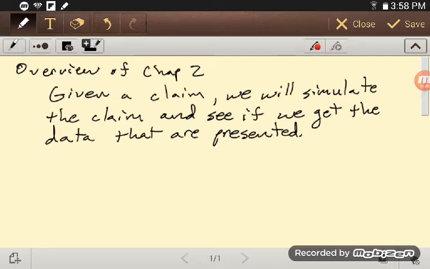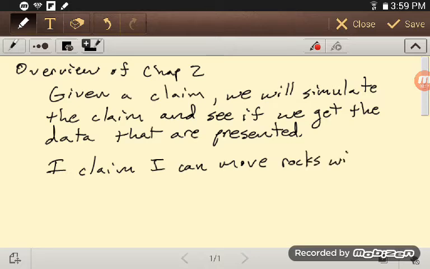So think about it. Somebody makes a claim, and let's take something that's maybe not so statistical in approach. Somebody says, I claim I can move rocks with my mind.